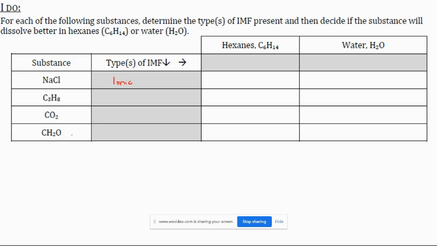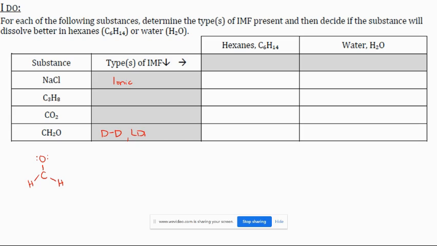Oh, down here. Double bond. No hydrogen bonding. What else here?